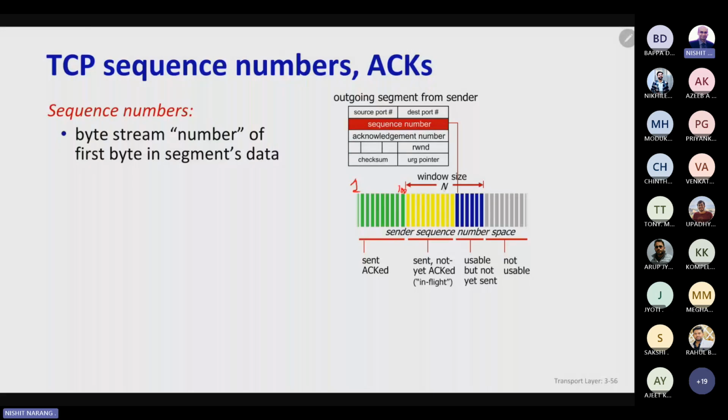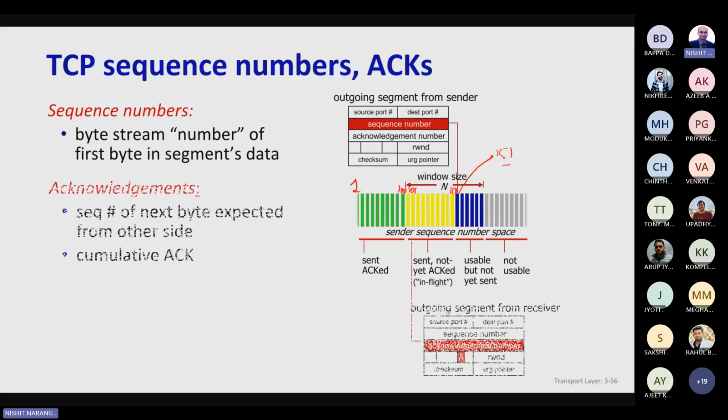Then 101 was the first yellow byte and 150 was the last yellow byte. So the first blue byte is byte number 151. We are counting bytes because it's a byte stream protocol. Yes, Jyoti, correct. So the sequence number will be 151 to send these blue bytes towards the receiver.